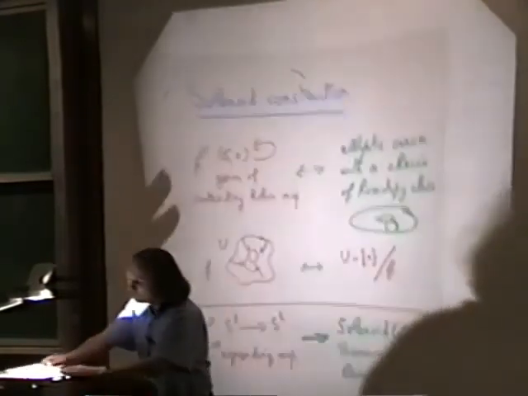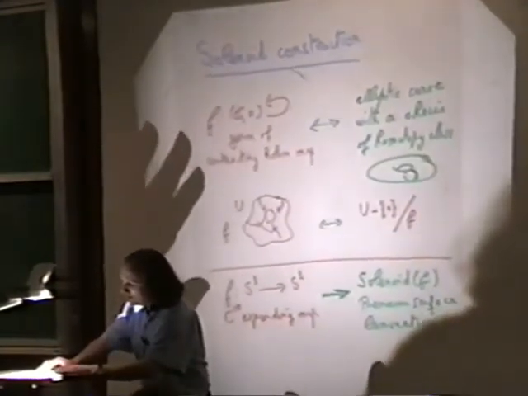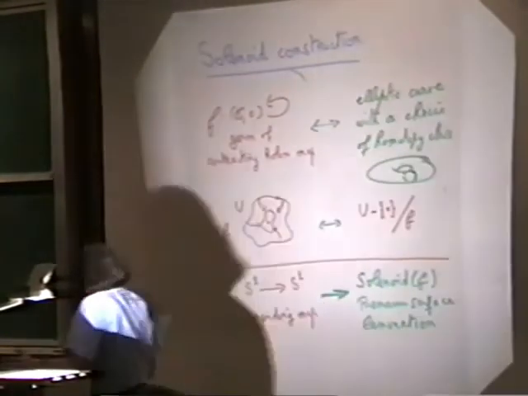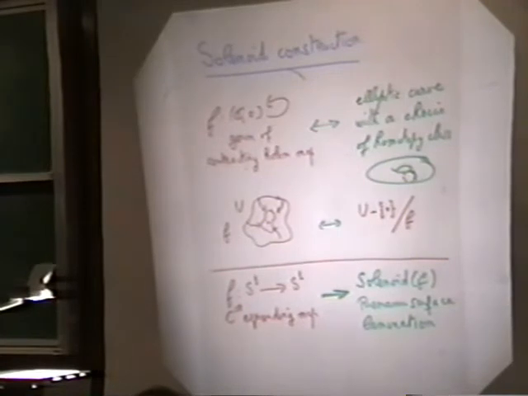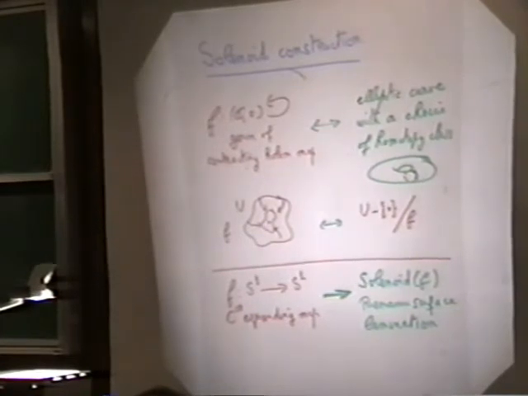Before I give the construction, I want to make a simple remark, which is this. Suppose you have a germ F of a holomorphic contraction of C at the origin.